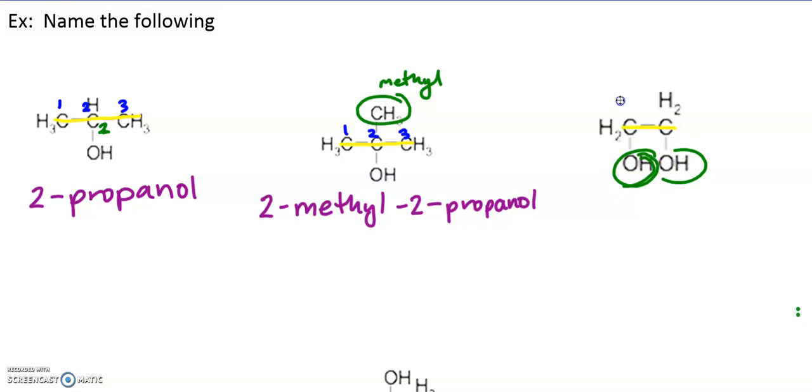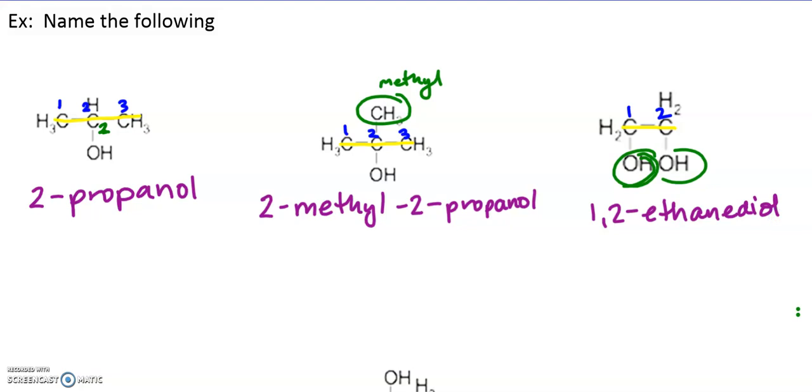It doesn't matter which one you name which, or number, I should say. But here's where we're going to plug in that di before the ol. So I have 1, 2, eth, because I have 2 carbons, and you leave the name totally the same, ethane. And then we write di for 2 alcohols, ol.